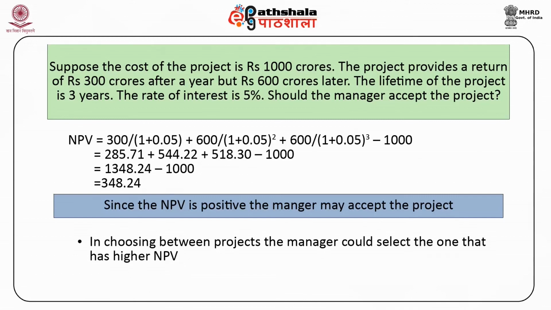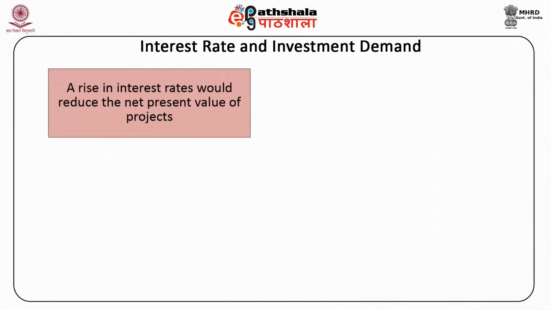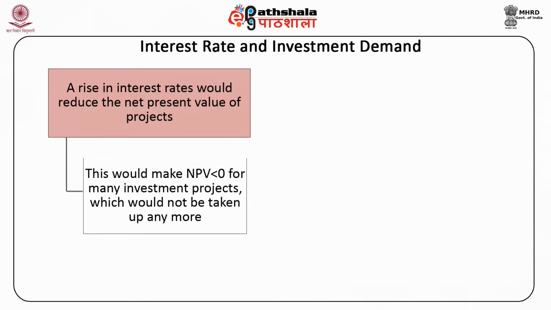In choosing between projects, the manager could select the one that has higher NPV. Interest rate and investment demand: from the above discussion, it should be clear to you that a rise in interest rates would reduce the net present value of projects. This would make NPV less than 0 for many investment projects, which would not be taken up anymore.